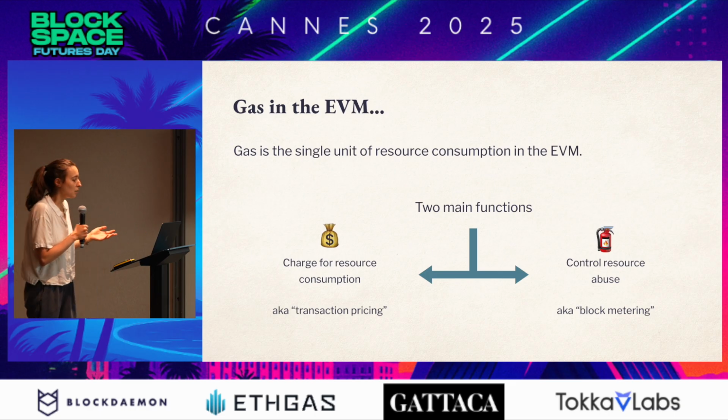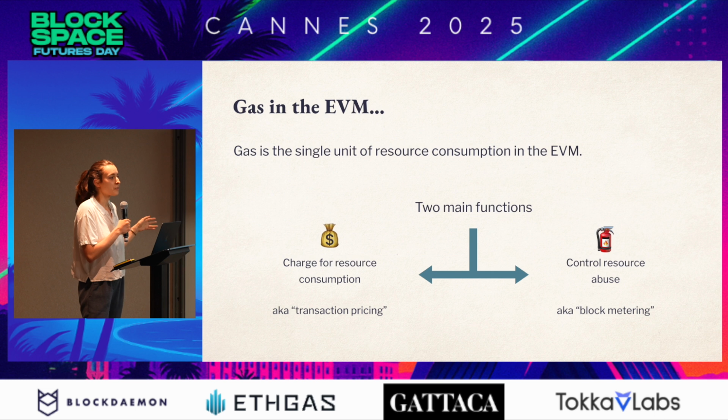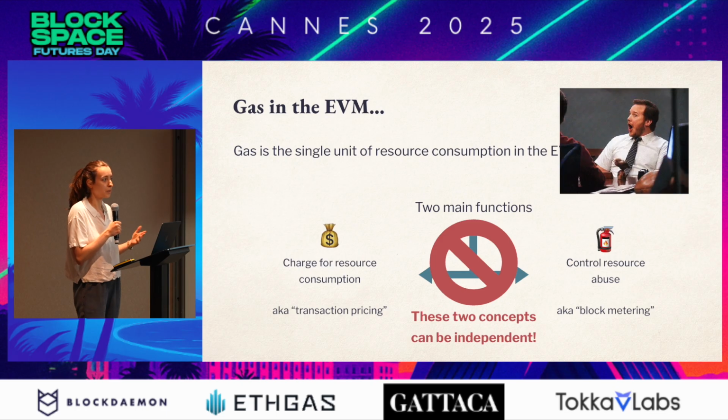Currently, validators enforce a limit of 36 million gas. And if a block goes above that gas usage, then that block is not valid. We can think of this function as block metering, right? Like we are metering the resources and making sure that we are not going above unsafe limits.